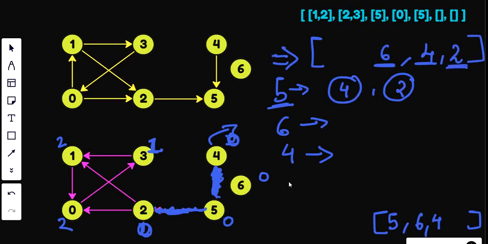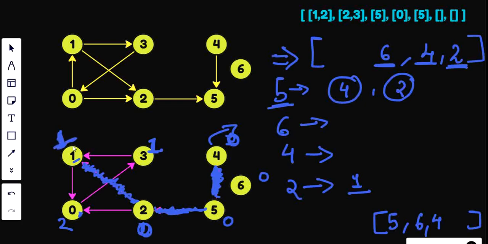Now I have to check the adjacent nodes of 2. The outgoing edges from 2 are this 1 and 0, right? So delete firstly 1. If I delete this edge, what will be the in degree of node 1? It will become 2 minus 1, that is 1.